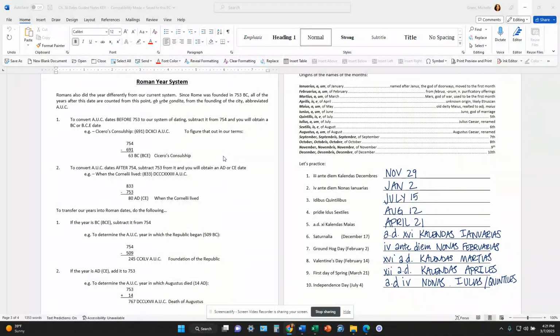Okay, so in terms of how to calculate the Roman year system, we have to think in terms of how they calculated time. One of the things they did is they would calculate year one when they founded the city of Rome. Now we calculate that day as 753 BC, but for Romans, that was pretty much year one.